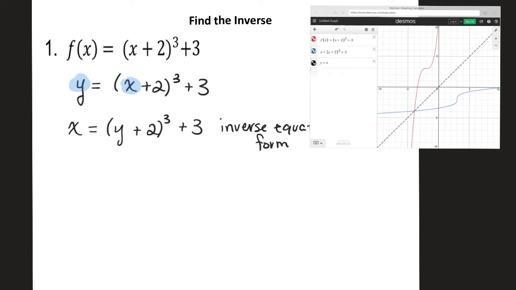To get rid of the cube, I'm going to do the cube root on both sides. Again, just doing inverse operations the same way you would solve an equation. The cube and the cube root are inverse operations, so similar to the addition and subtraction of 3, they'll cancel each other out.